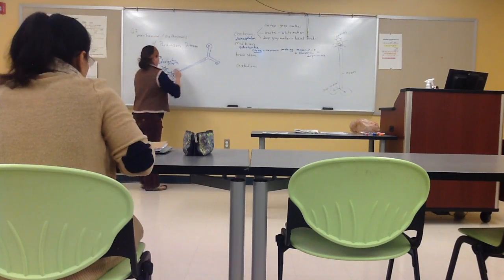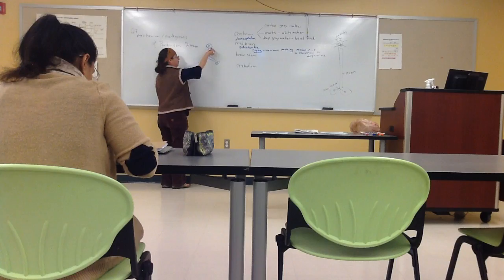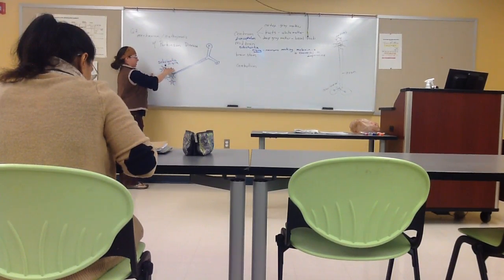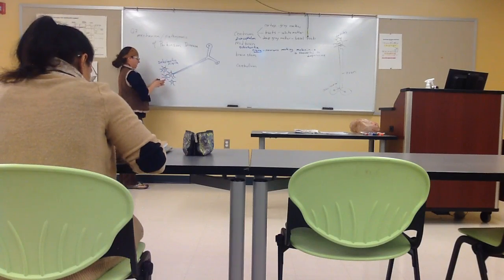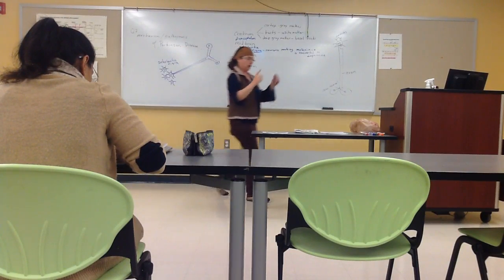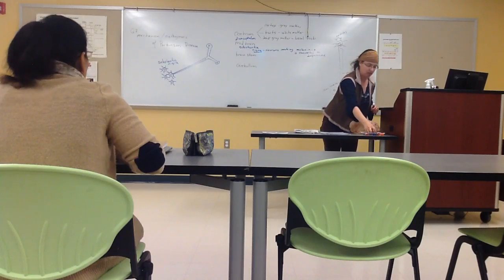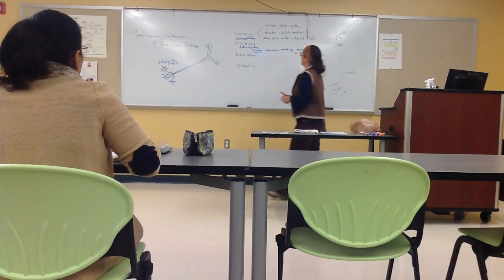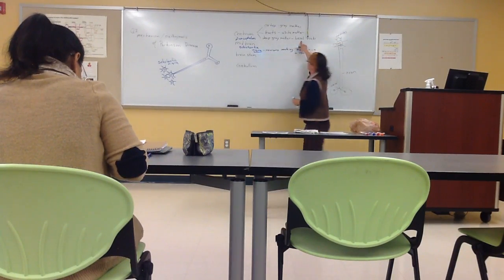And dopamine will be at the axon terminals of this neuron that originated in the substantia nigra. And they're going to go and synapse with the cell bodies that make up this basal nuclei.